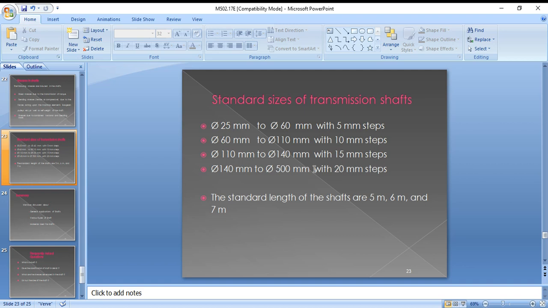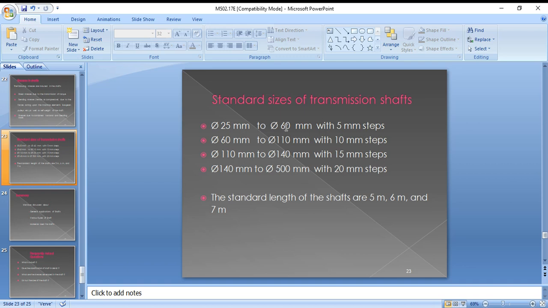So here we're coming to the diameters. The standard diameters of transmission shafts are a minimum of 25 mm to 60 mm with 5 mm steps. That means after 25 it can be 30, 35, 40, 45, 50, 55 and 60.